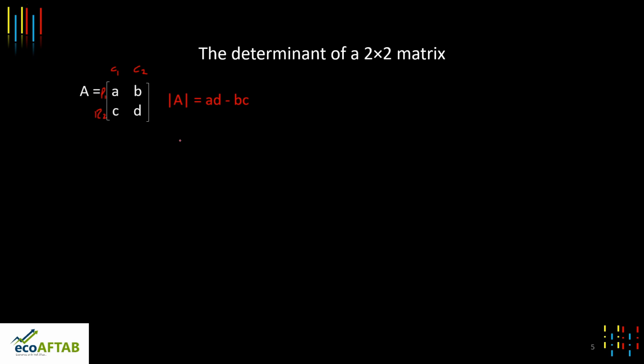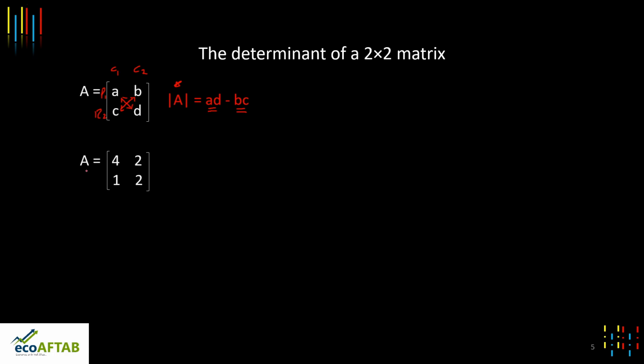So how to find the determinant? The rule is we need to multiply the adjacent sides, that is A into D, and subtract it with the product of the other diagonal, that is B into C. So this is A multiplied by D minus B into C will give us the determinant of matrix A.